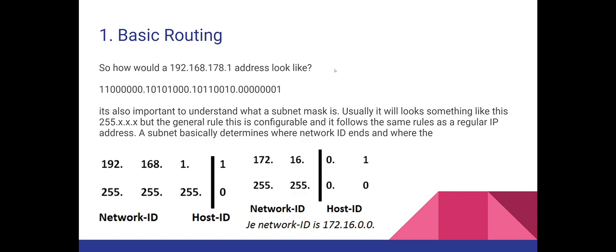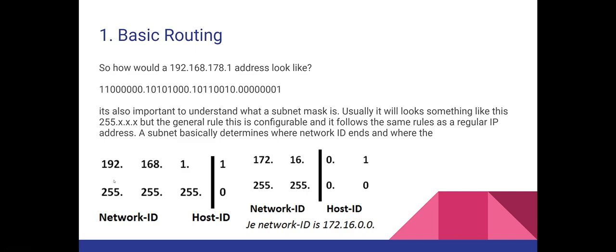Okay. One thing it's important to remember is that a network IP address usually has two different spaces. It has a network ID and host ID. Your network ID basically displays the network you're in right now, and the host ID is basically how many hosts you eventually can have in your subnet.